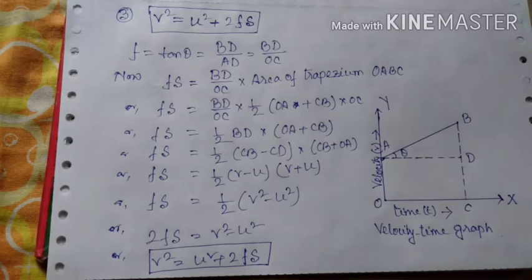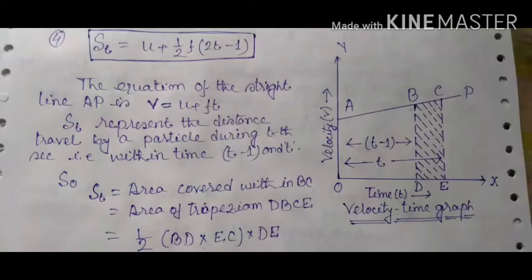So fs is equal to half into BD into OA plus CB, which is equal to half into CB minus CD into CB plus OA. Using the values we can find half into v minus u into v plus u, which is half into v square minus u square. Calculating, we have 2fs is equal to v square minus u square.